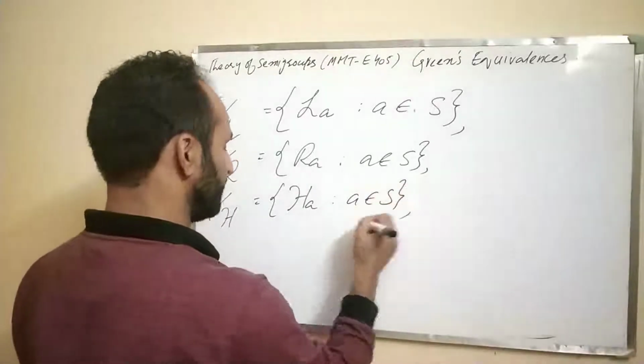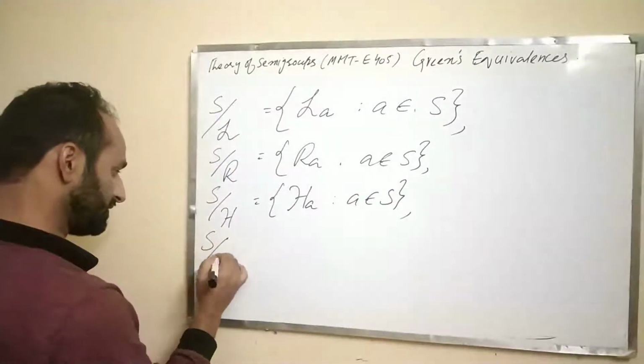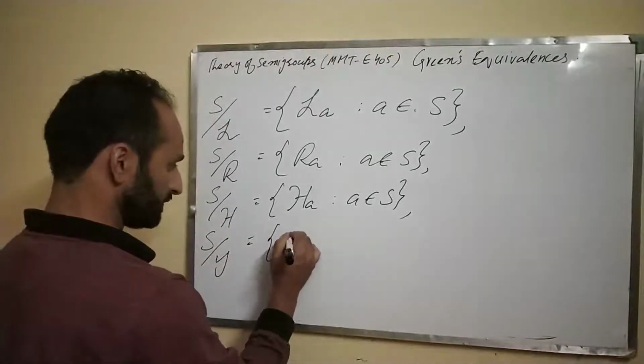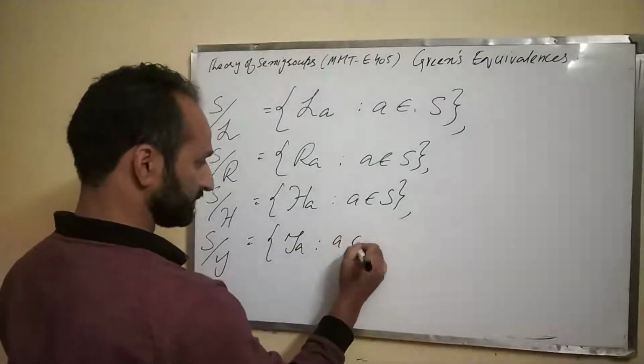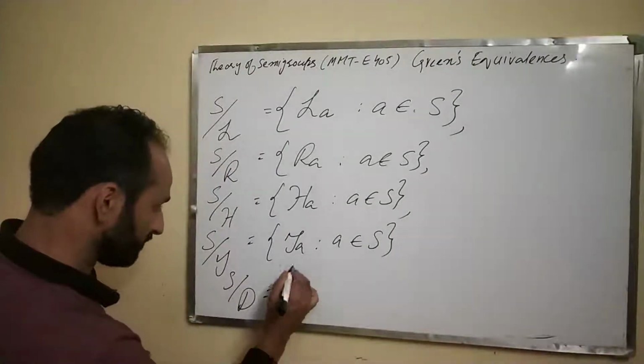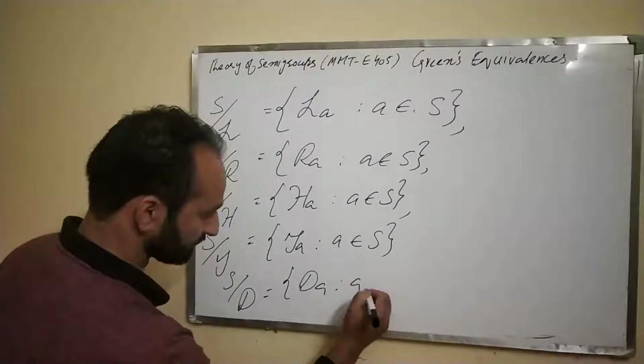And we have one more set, S over J, that's equal to J classes. And finally we have D, which is equal to the D classes.